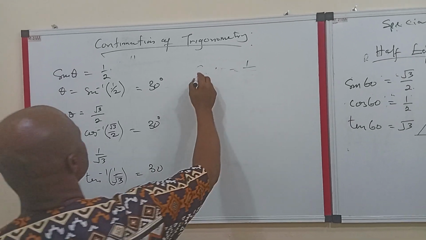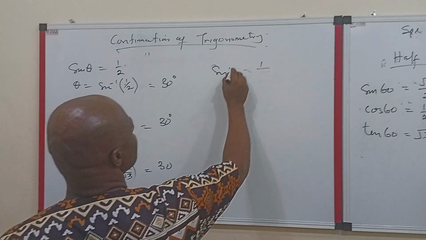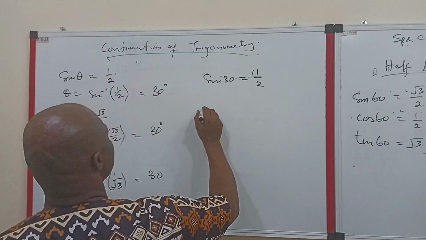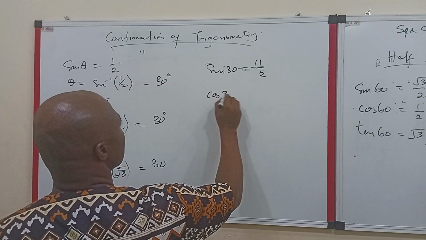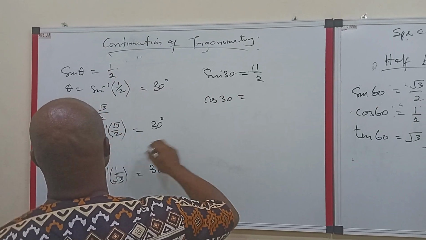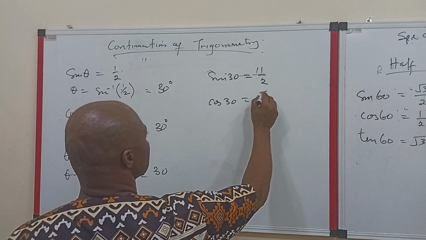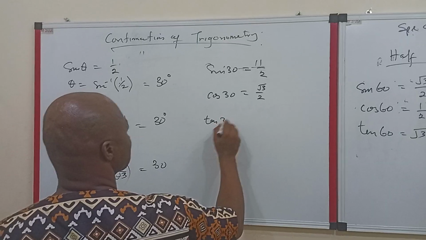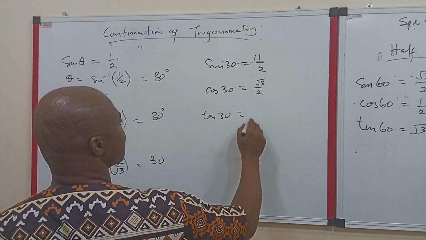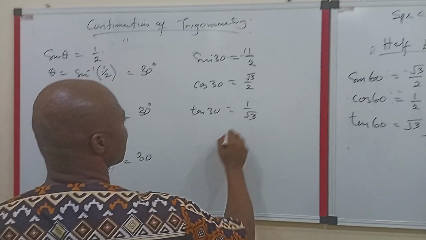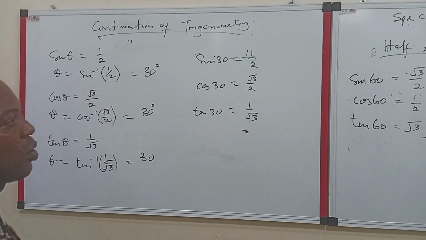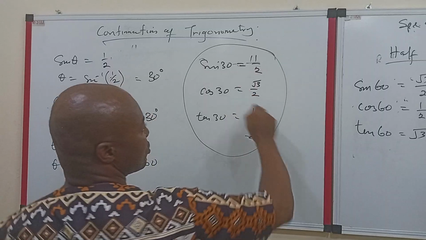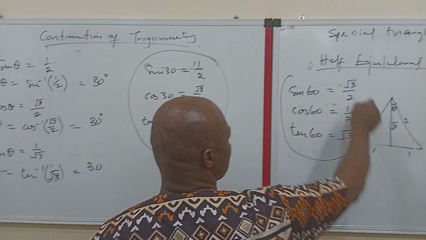Meaning that on this other side, sine 30 is the same thing as 1 over 2. Then cos 30 is the same thing as root 3 over 2. Then tan 30 is the same thing as 1 all over root 3. So all these are special angles that we have got.